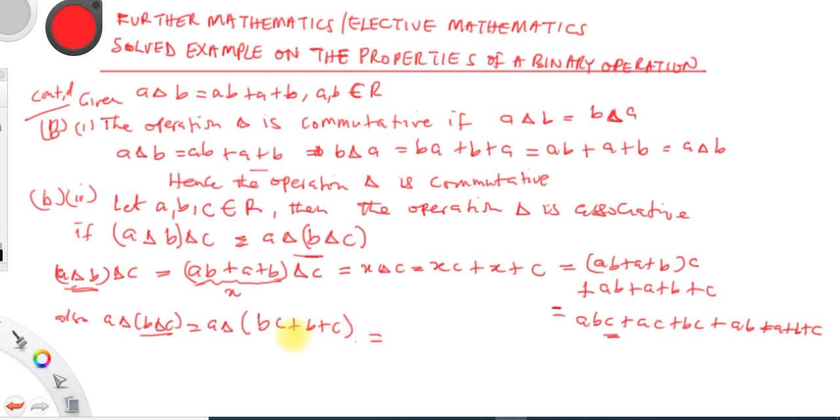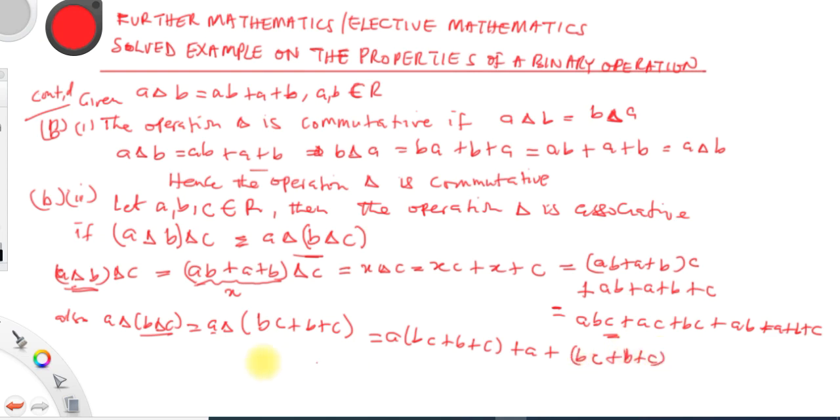Then we have A triangle this. So we get A times the whole of this thing, BC plus B plus C, then plus A, then plus BC plus B plus C, is what we get.